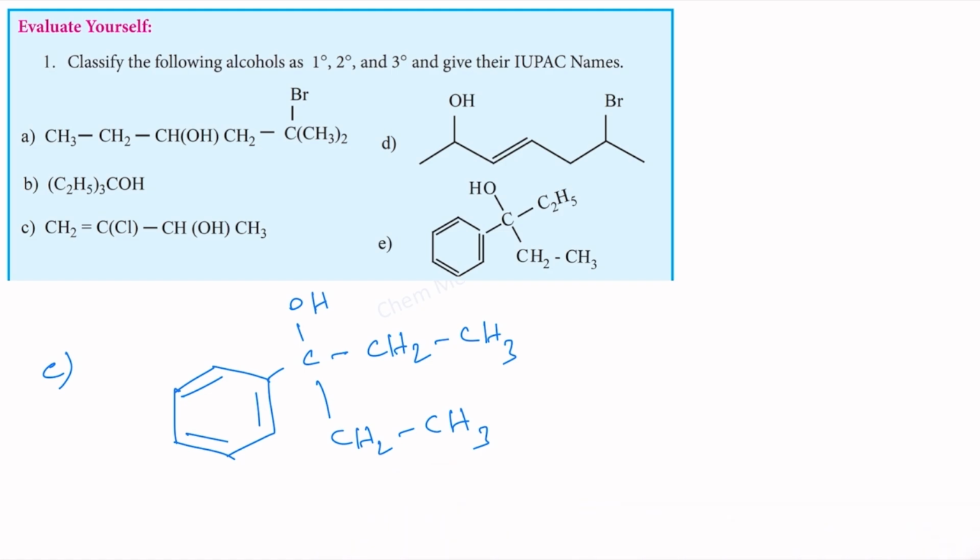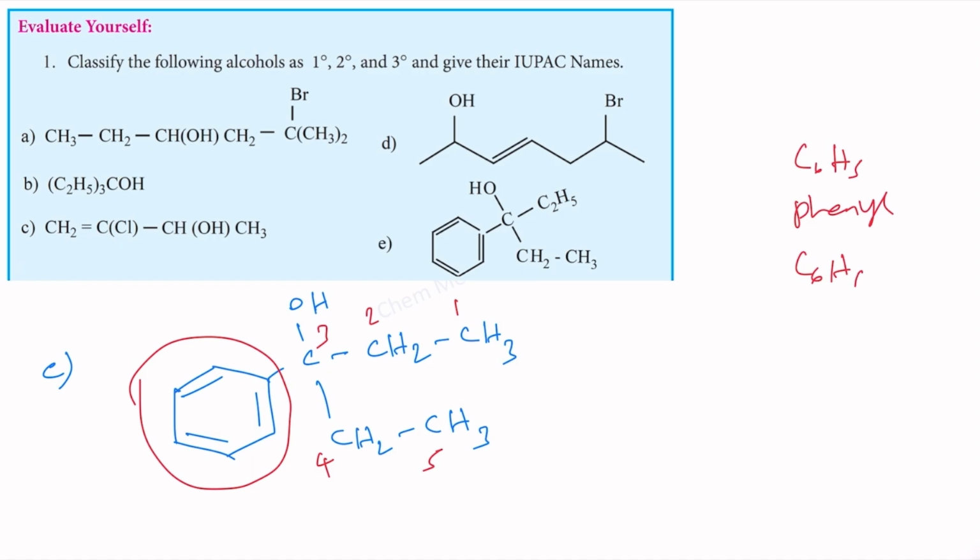Let us do the numbering. Whichever the way you number, the alcohol will appear at a 3 position. At 3 position, we have the phenyl ring. C6H5 is phenyl. That is what we have here. C6H5CH2 is benzyl. Therefore, what we have here is phenyl.